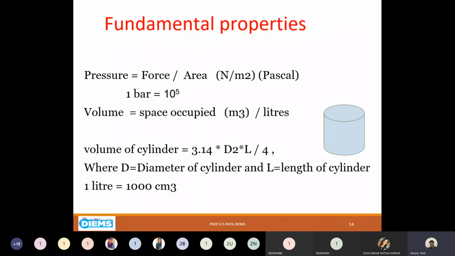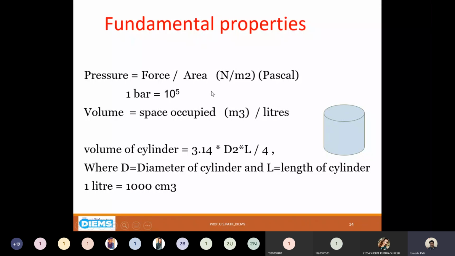Okay, so what is basically pressure? How to define pressure? Students, what is pressure? It is defined in front of you, you have to only read it.